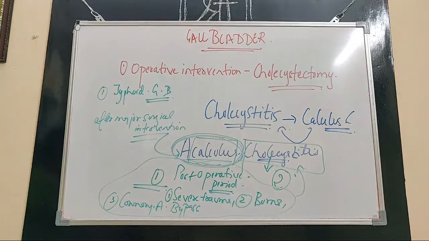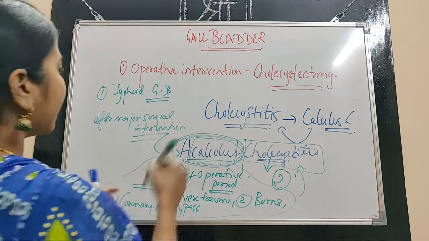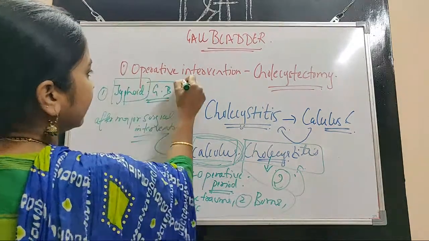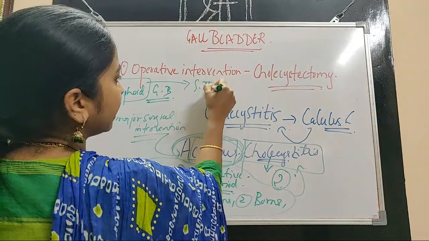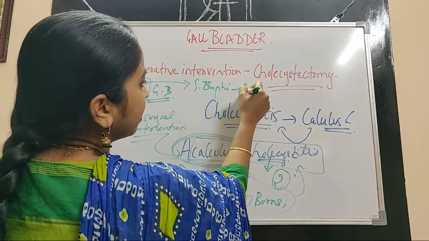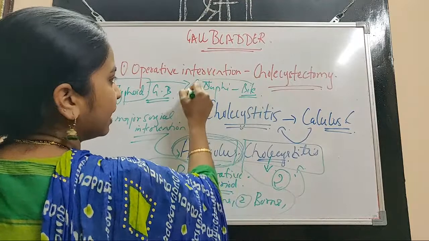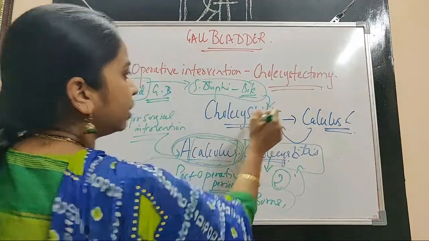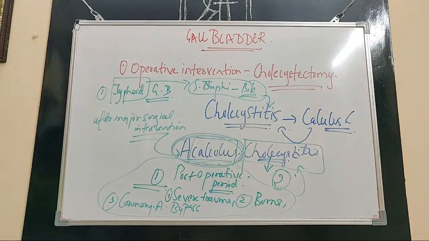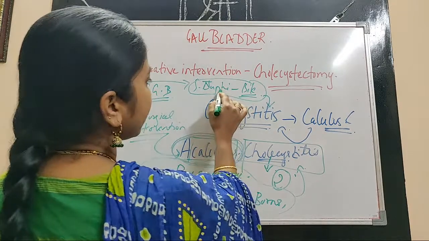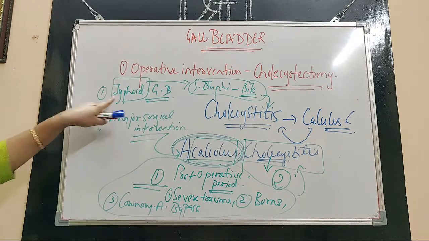In a person who has typhoid fever, it is seen that he excretes Salmonella typhi in the bile. Even in such cases, the patient could end up with cholecystitis. This is acalculous cholecystitis, and under it, this particular condition is called typhoid gallbladder.